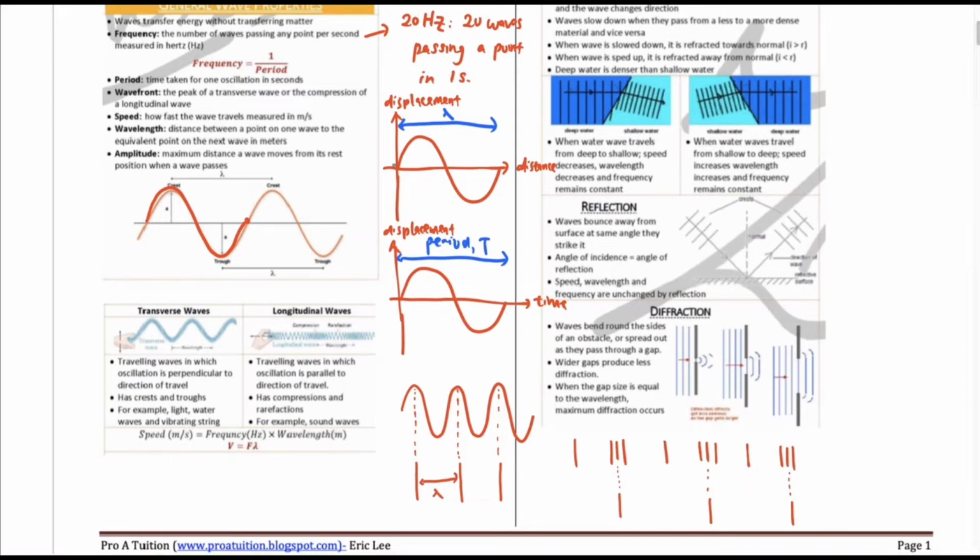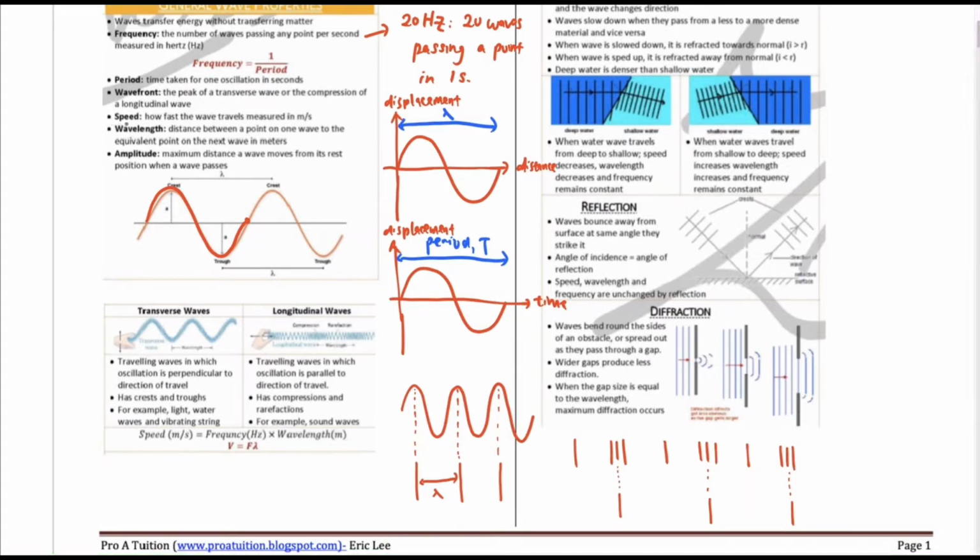So you can get wavelength in this way, from the starting point to the end of the wave. Or you can also get it from two maximums, or two crests, or two peaks. In between two peaks or two crests, that is the wavelength. So it's written here: between crest and crest, wavelength.